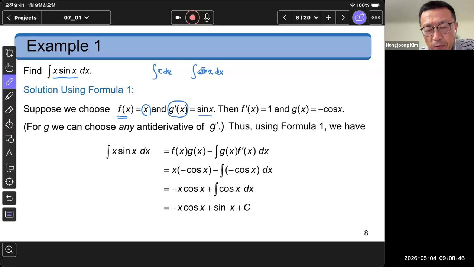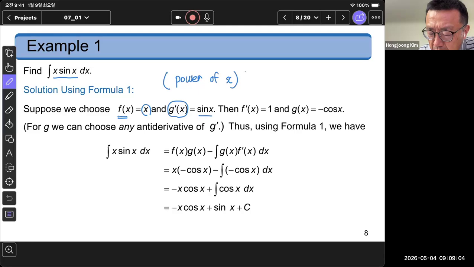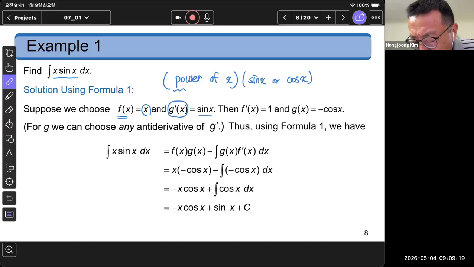Usually, if you have a product of some power of x multiplied by certain trigonometric sine x or cosine x, if you have such an integrand, then usually you put this power of x as f of x and sine or cosine as g prime.